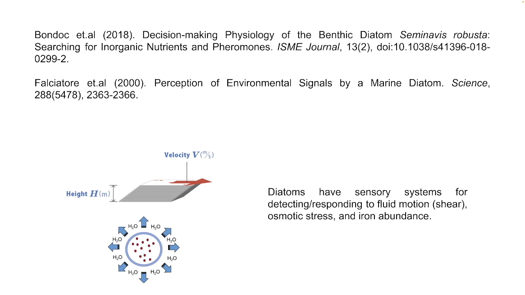So they have these senses for chemical imbalances in the environment, but also physical forces in the environment. This is important when you're in a water column. The nutrients are fluctuating, but also you're in different parts of the water column. There are different shear forces happening, and so it guides your motility.